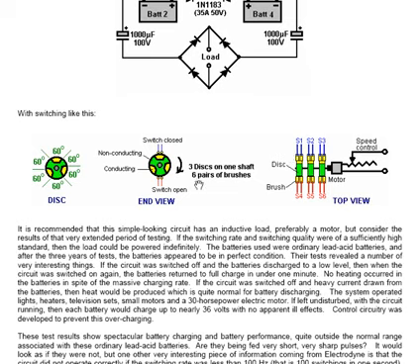The discs are spun by a motor, and the motor has a speed control, and that's used to control the speed of the entire operation.